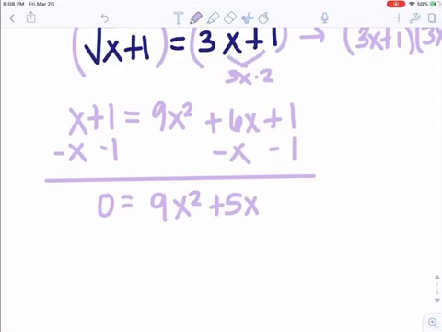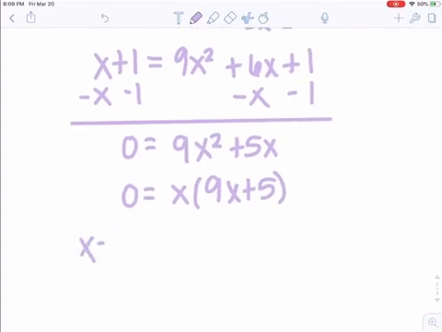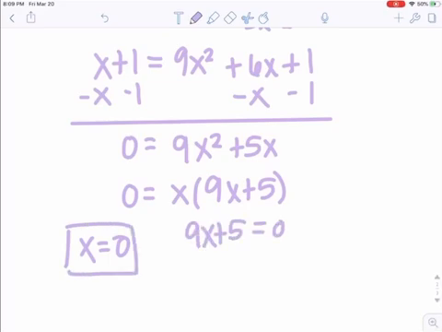Okay, so remember to factor things like this. You guys always forget how to factor these, but there's a GCF, right? The GCF is just x. So I get 9x plus 5 left in the parentheses. So my first solution is going to be x equals 0. And then 9x plus 5 equals 0.